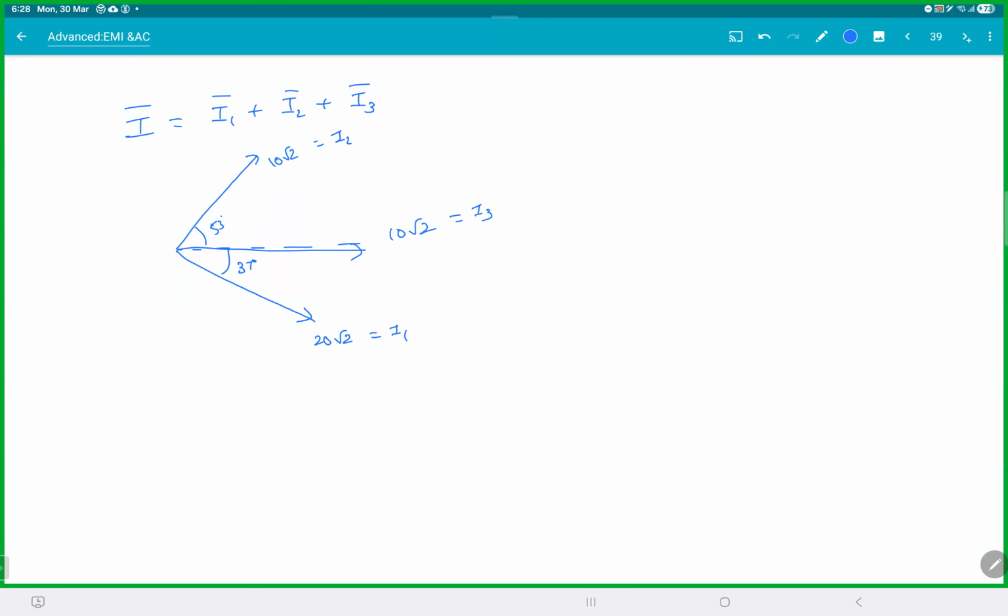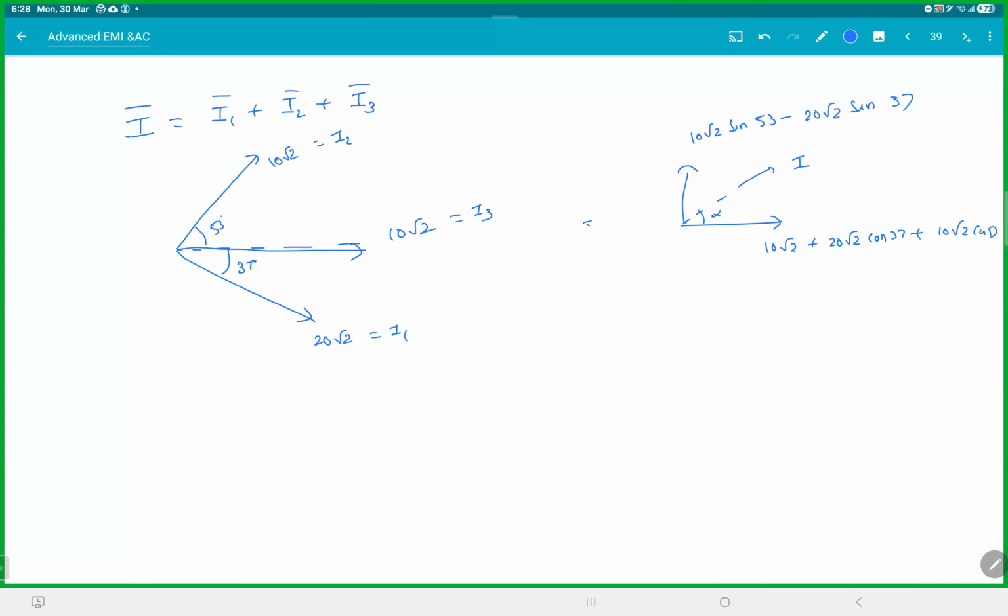Just add these three vectors and finish it off. So this will be 10 root 2 plus 20 root 2 cos 37 plus 10 root 2 cos 53 and vertically 10 root 2 sin 37 minus 20 root 2. I am skipping a lot of steps, so you can check it out. So finish it off. Whatever comes is I resultant.